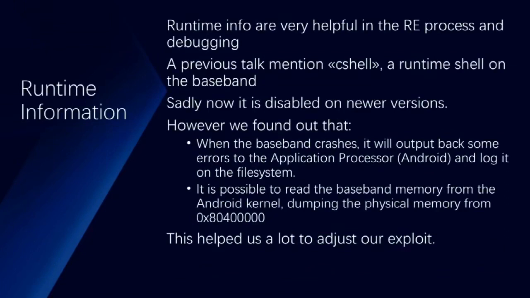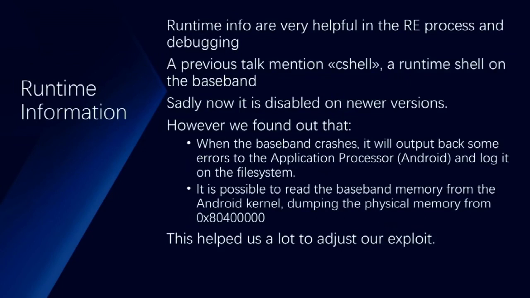As you know, if you do reverse engineering, any kind of debugging or runtime information is very useful. On the Huawei baseband, there was a runtime shell called the C shell, but sadly it has been removed on newer versions, so we cannot use it anymore.